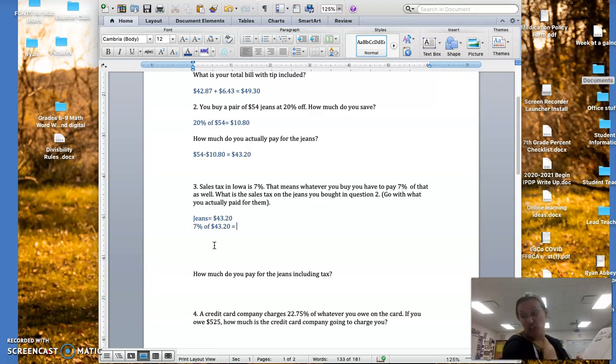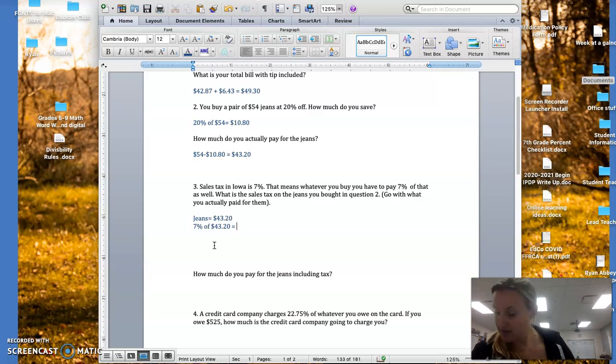As you're starting to learn here, we're mainly finding the part all the time. So we have x over 43.2 equals 7 over 100 if I'm doing the proportion. And then for the equation, 7% as a decimal is 0.07 times the 43.20 equals x.